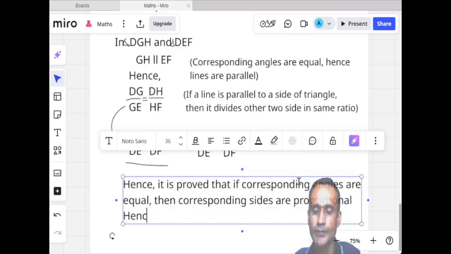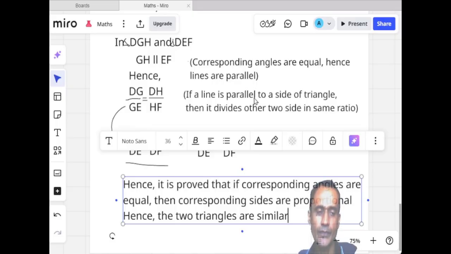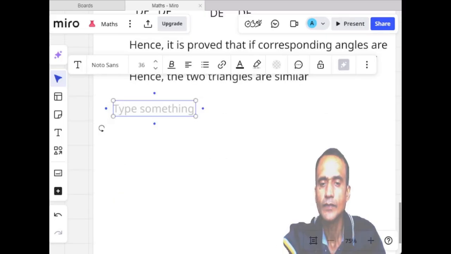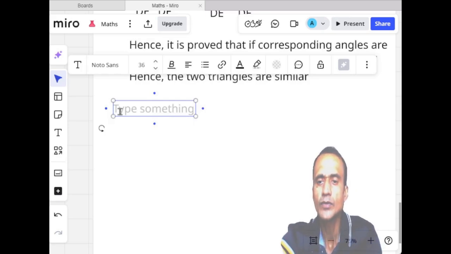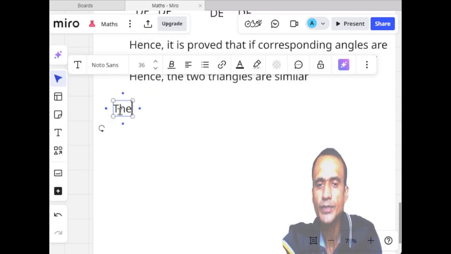Hence, the two triangles are similar. So, just knowing that corresponding angles are equal, we can state with surety that the two triangles are similar. Now we will go to the next theorem.